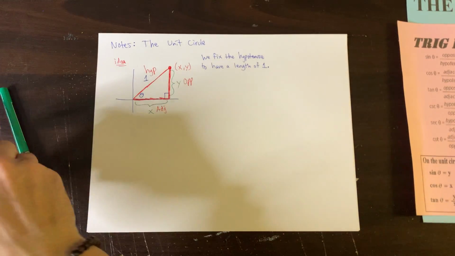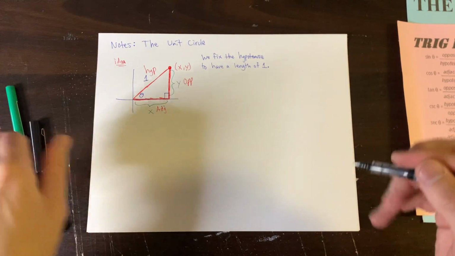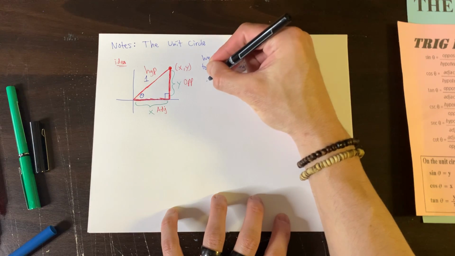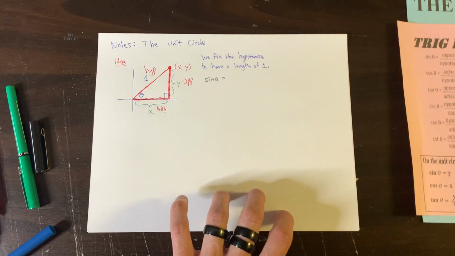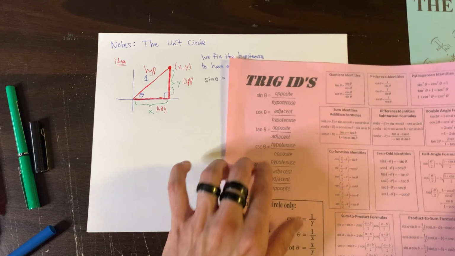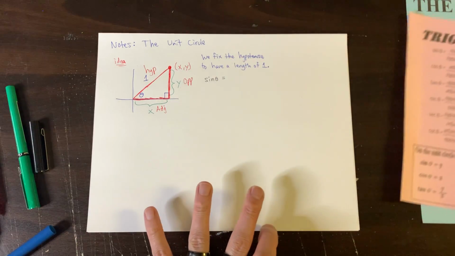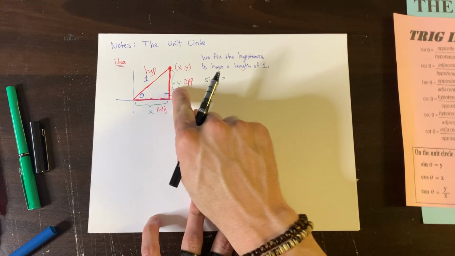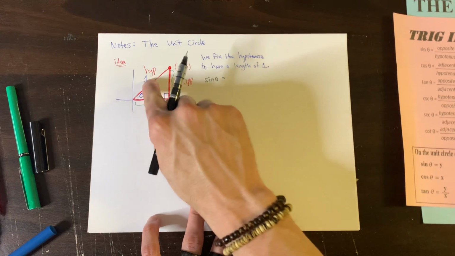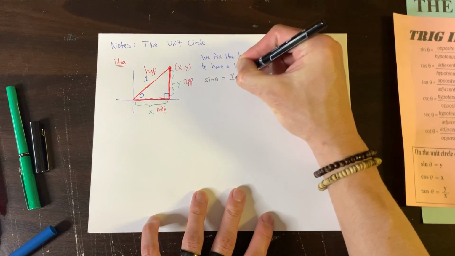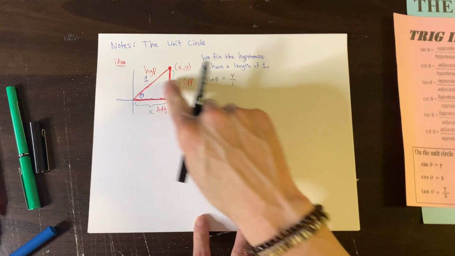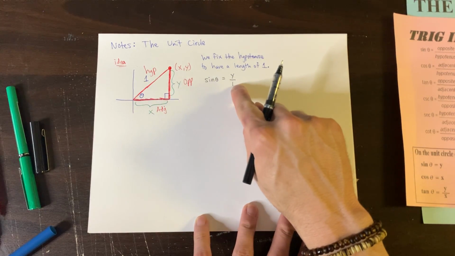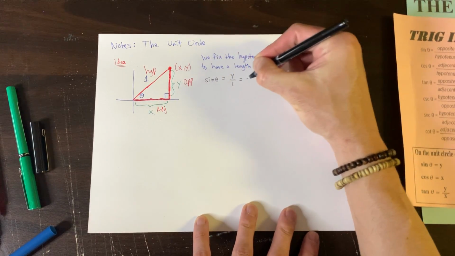And this discussion we've had lately of sine, cosine, and tangent, maybe we can consider those ideas now. Sine of theta is, well, remember your cheat sheet. Sine is opposite over hypotenuse. Well, the opposite is going to be this, which is y, and the hypotenuse is 1. So sine of theta would be y over 1, but y divided by 1 is just y.